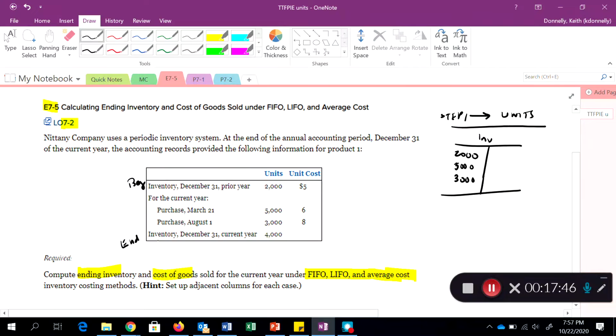And at the end of the day we had 4,000 as our ending inventory. So what we have to do from a unitary perspective is solve for our cost of goods sold. So it's going to be 6,000. If you had two, bought five, bought three, then you sold six, you'd end up with 4 at the end of the day.